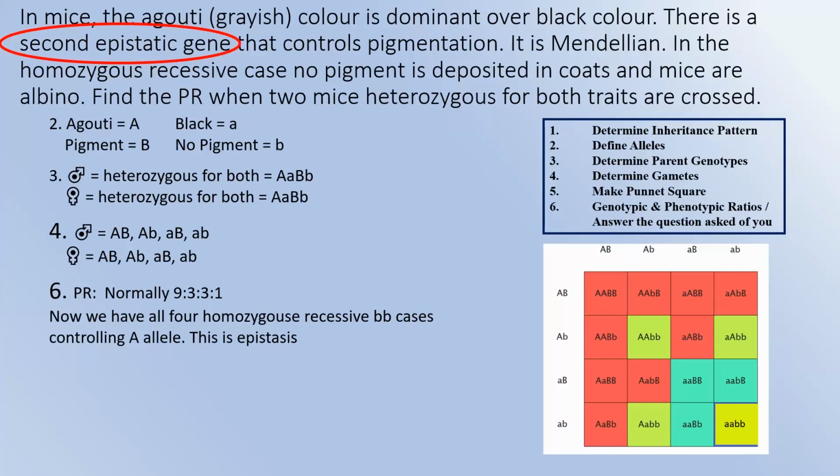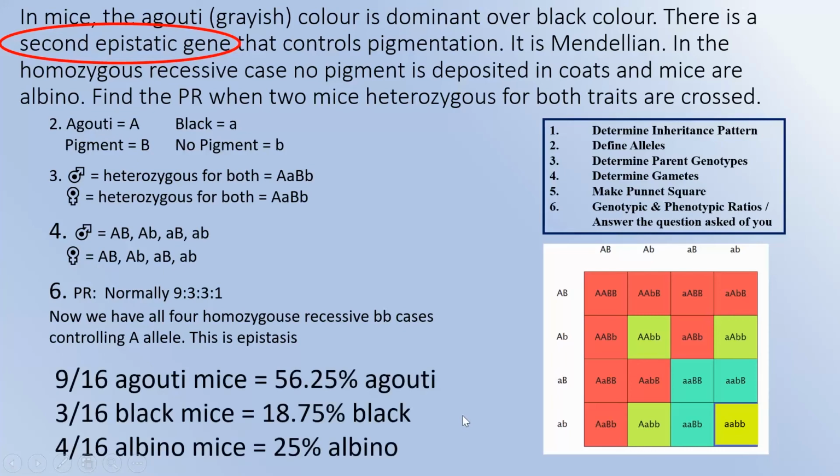This would normally be 9331 because we have just a dihybrid cross, but with one twist here, we're going to end up with essentially a 9, 3, 4.